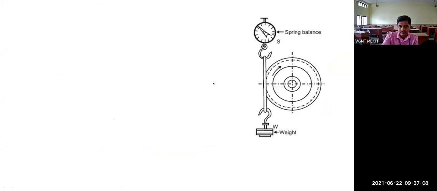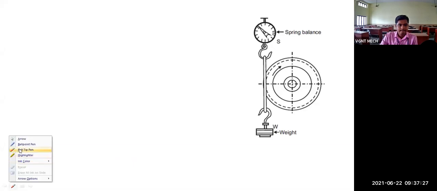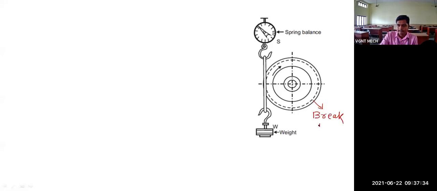Now this will somehow look like this. This is the diagram you have to draw for the rope brake dynamometer. What is this one? This is the brake drum. This is the spring balance, and this one is the rope.